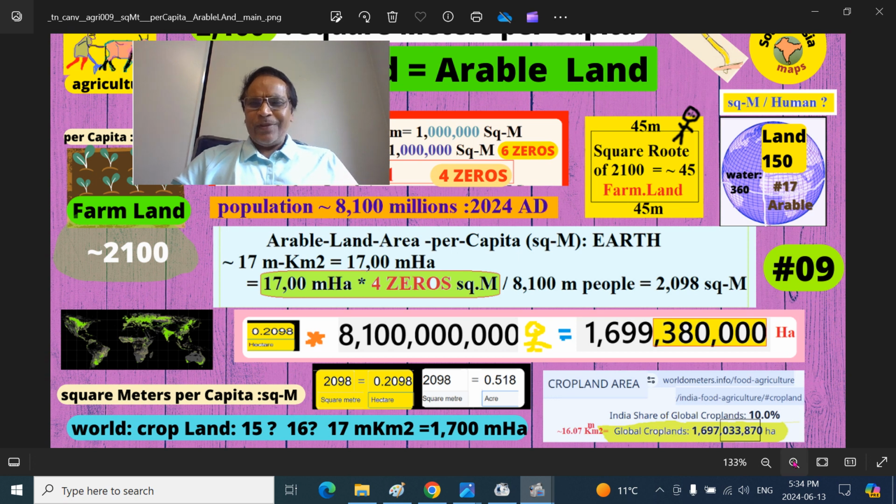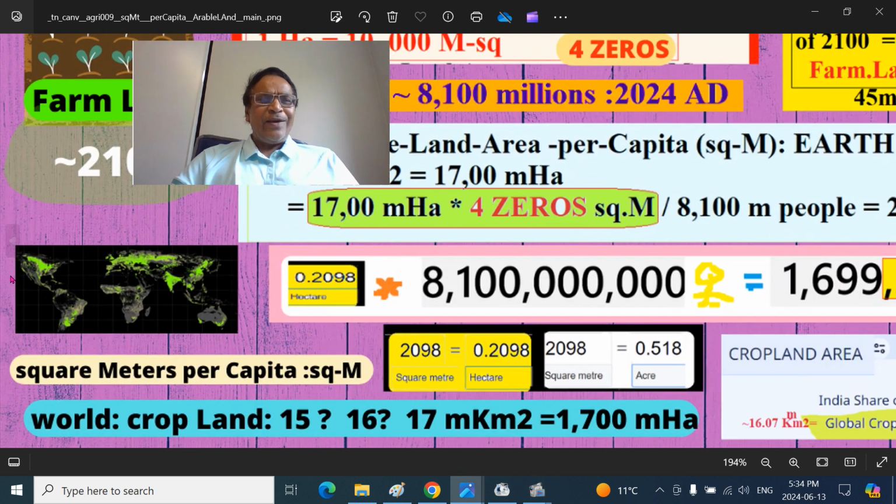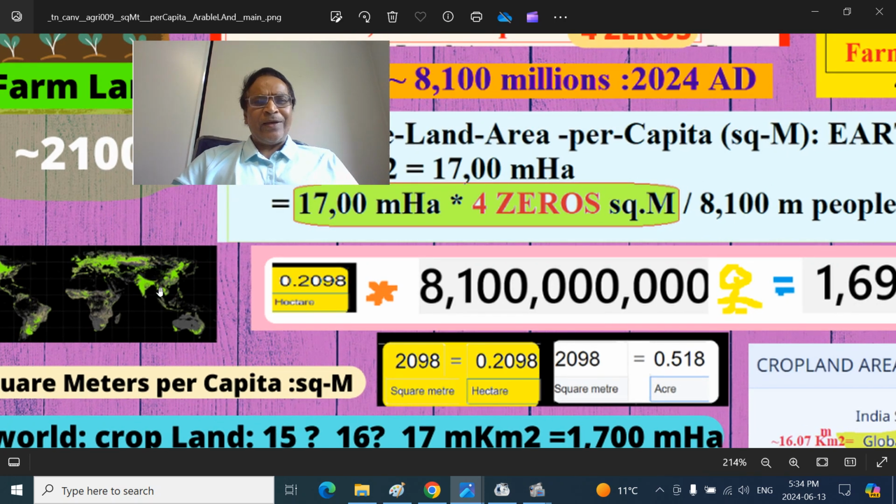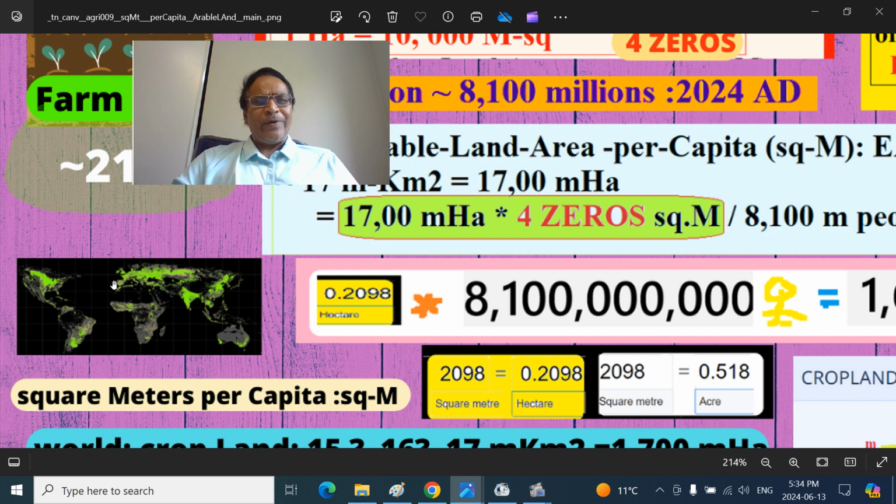So here I have put, for your convenience, rich farmlands in the entire South Asia, China, most of Western Europe, Russia, the River La Plata area of South America, and the United States, especially California. San Joaquin Valley is not shown here, and the Canada triangle and so on. You can see the farmland.